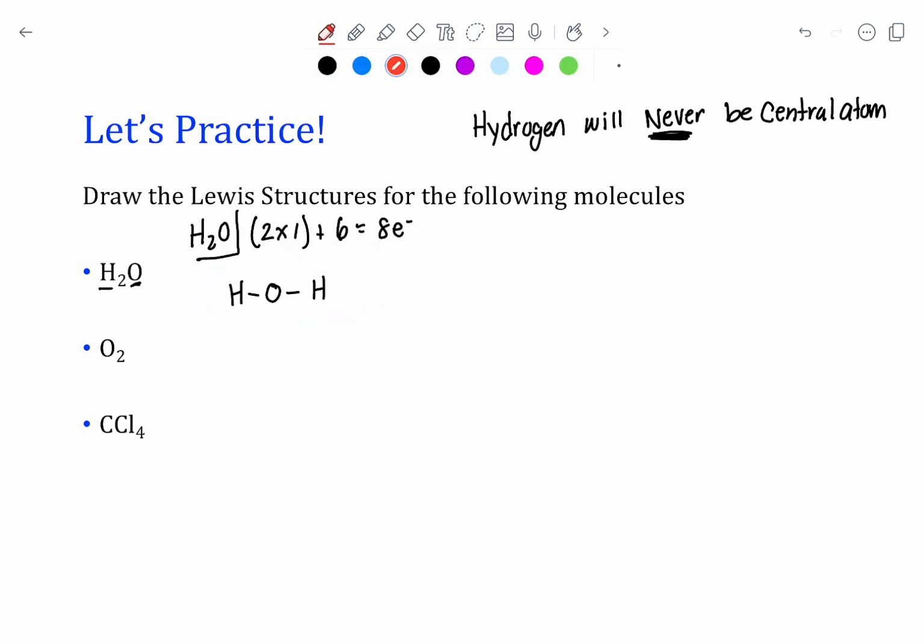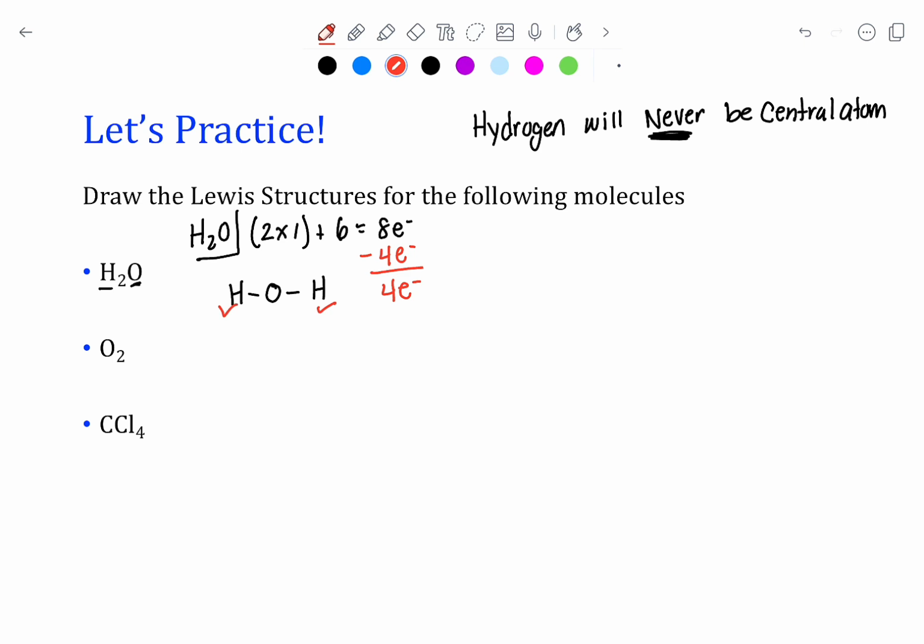Okay, so because I made 2 bonds, I used up 4 electrons. So I have 4 electrons remaining. My next step tells me to take any remaining electrons and place them on my surrounding atoms to form octets. Okay, hydrogen has 2, hydrogen has 2, they're happy, so step 4 is done.